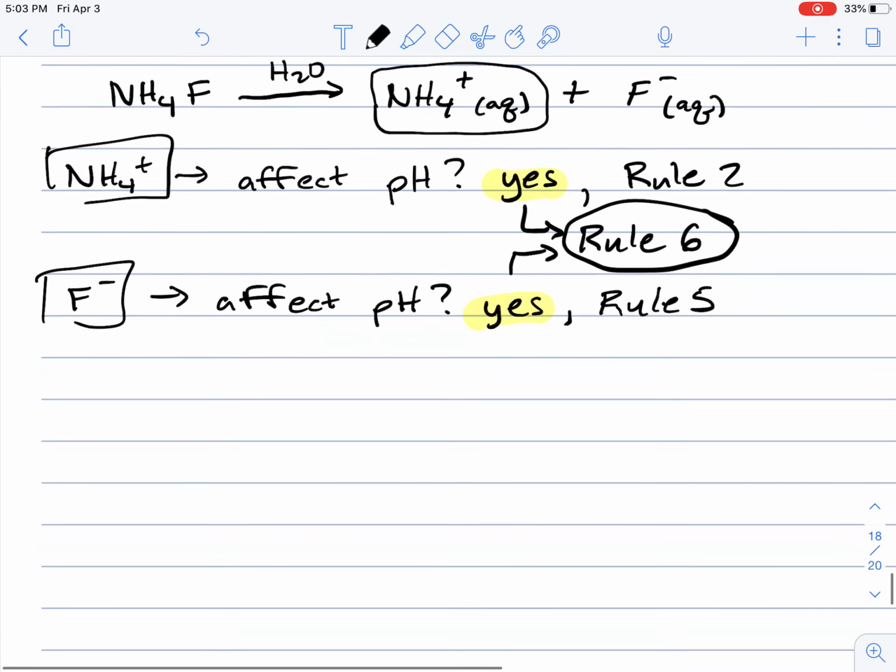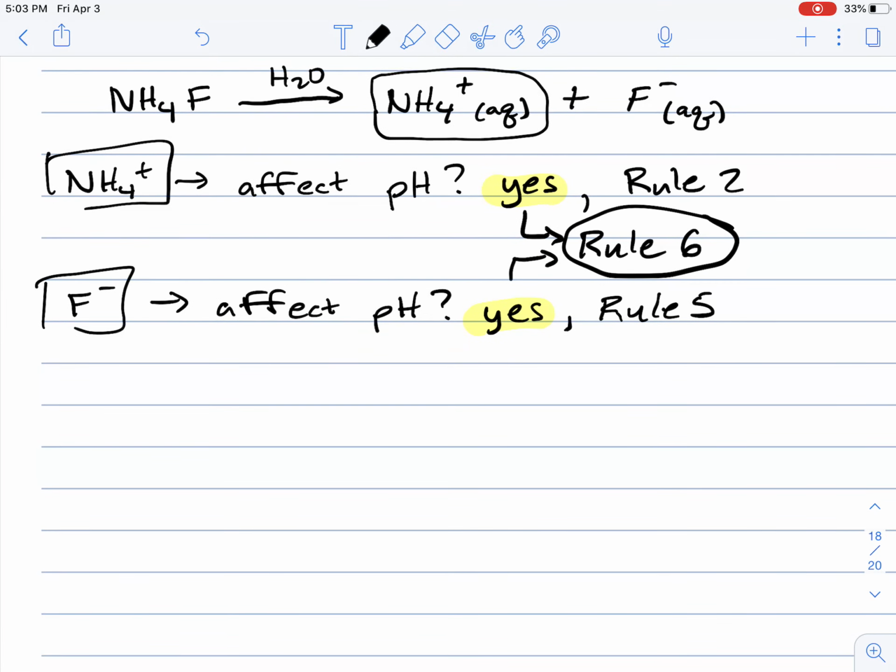All right, so for us to be able to determine how it affects the pH, we need to write full chemical equations. And so NH4+ is going to interact with water, and F- is going to interact with water. And so here, if we have NH4+, we're going to go ahead and put water as our second reactant.